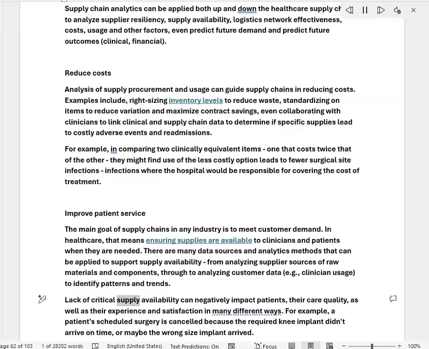Lack of critical supply availability can negatively impact patients, their care quality, as well as their experience and satisfaction in many different ways. For example, a patient's scheduled surgery is cancelled because the required knee implant didn't arrive on time, or maybe the wrong size implant arrived.